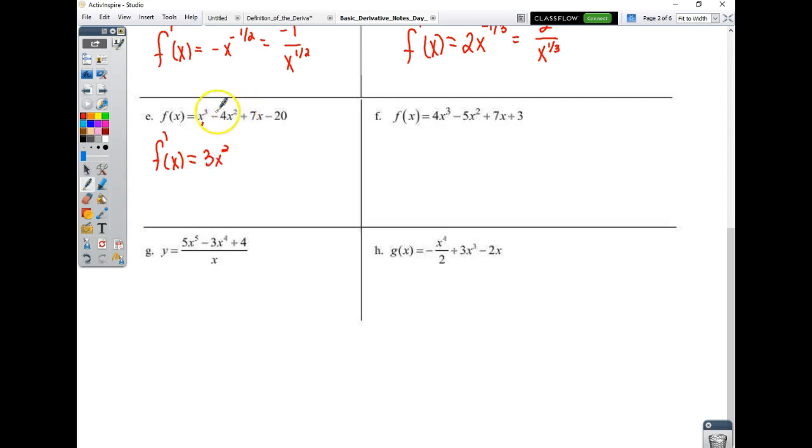What's the derivative of this one going to be? What's the derivative of that going to be? What's the derivative of that going to be? It's not negative 20, because that would be a constant. The derivative of a constant is?